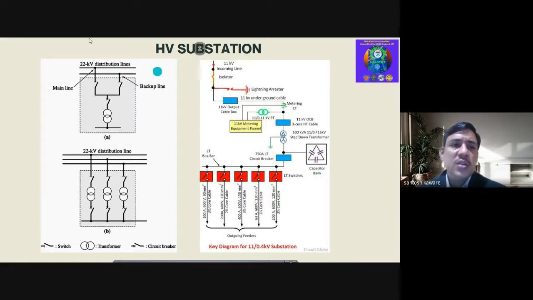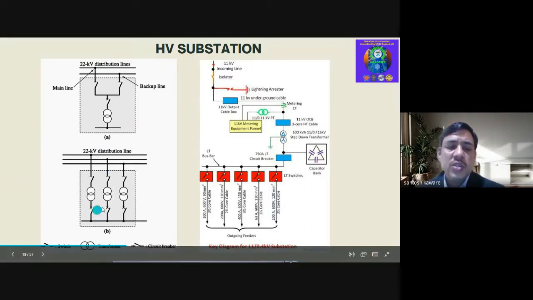Sometimes, if it is a more important substation, then a double bus system can also be adopted in high voltage. Then we have these isolators, another isolator, and there is a transformer. Then 22 kV gets converted especially to distribution voltage. Similarly, another such arrangement is also possible.